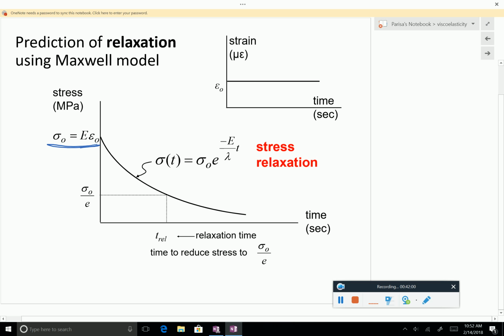Now, what happens if I increase the temperature or decrease the temperature? So let's say if we increase the temperature, what happens?